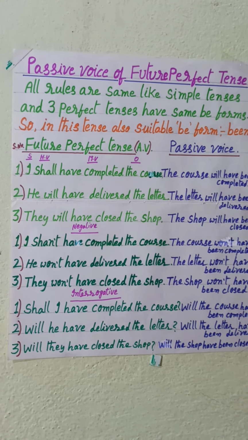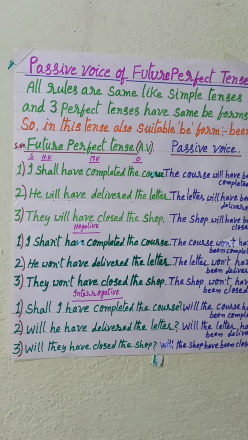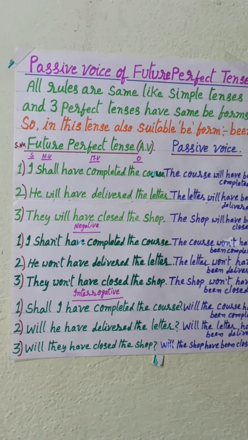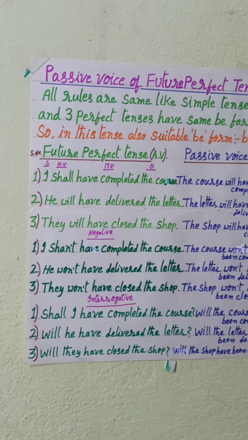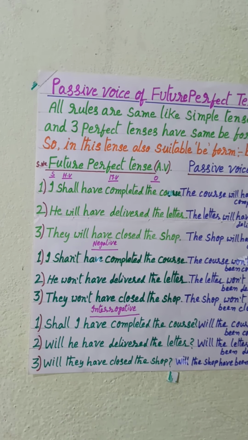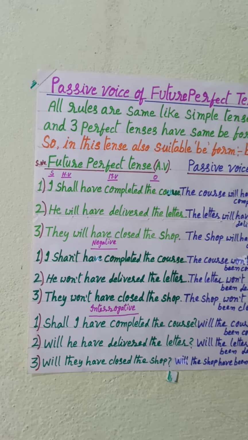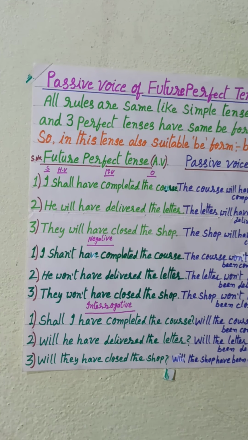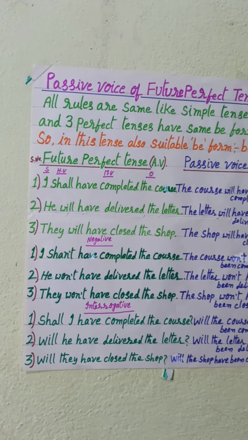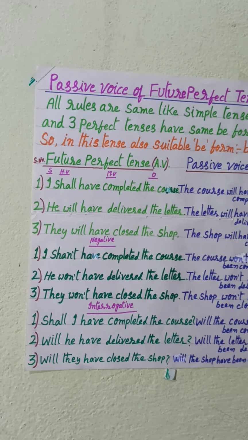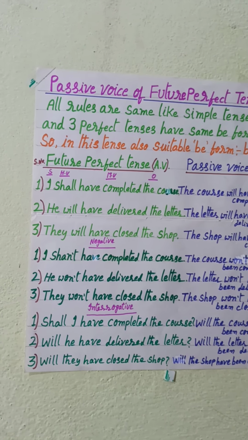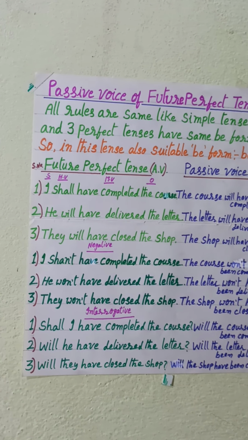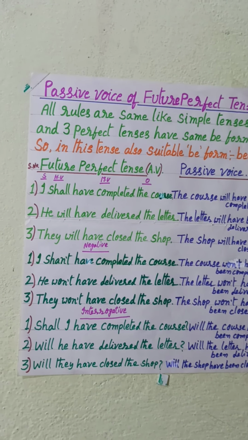Second sentence: he will have delivered the letter. For example, we know that the letter was dispatched from the office, but we did not receive it today also.